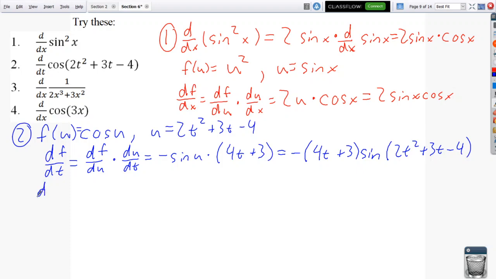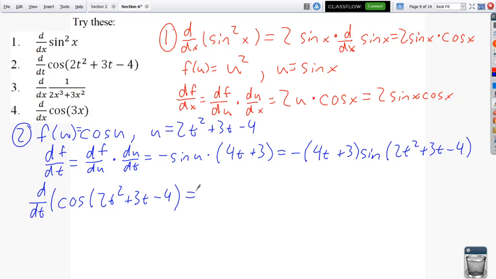The way that I like doing it, I just start out. If I was doing this problem, I would not have written all this stuff. You can if that makes more sense for you. When I do it, I write down the original problem, d/dt of cosine of 2t squared plus 3t minus 4. And again, I go outside in.